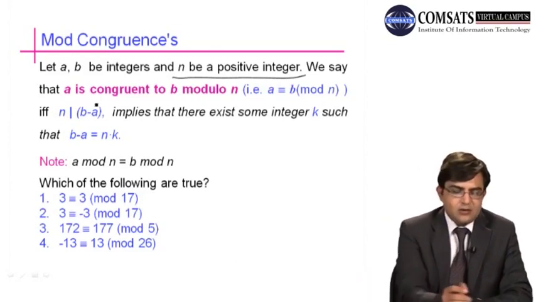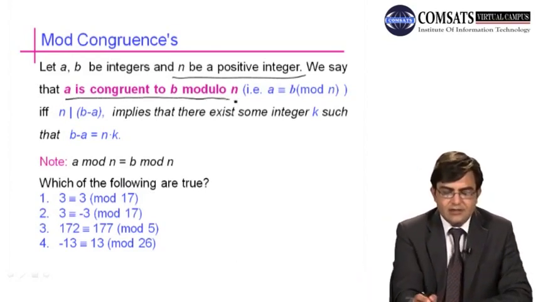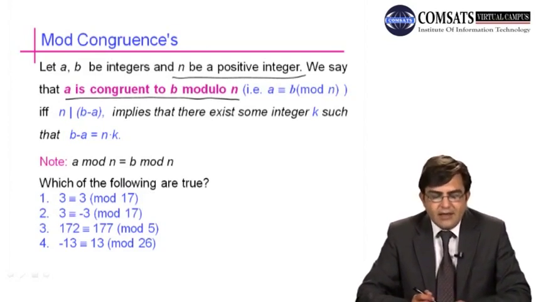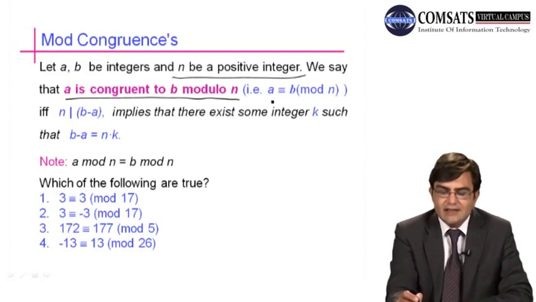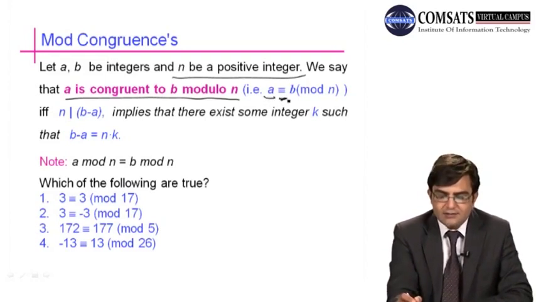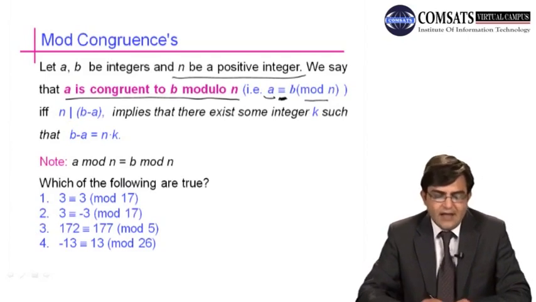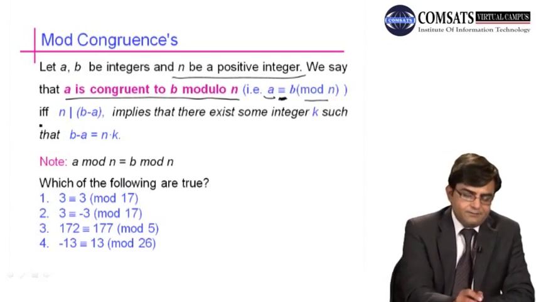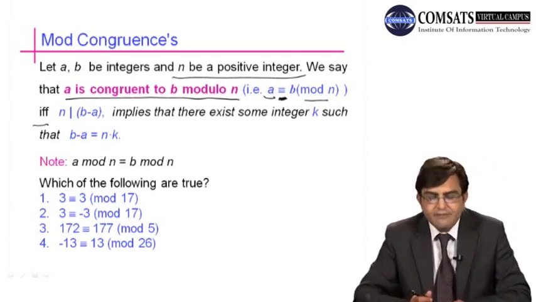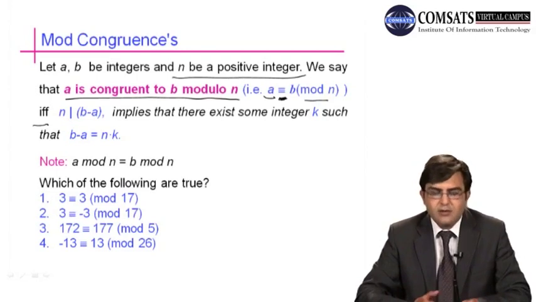We say that a is congruent to b modulo n. This is written with the symbol of congruence, a congruent b mod n, and is read as a is congruent to b modulo n if and only if n divides the difference of a and b, or n divides b minus a completely.